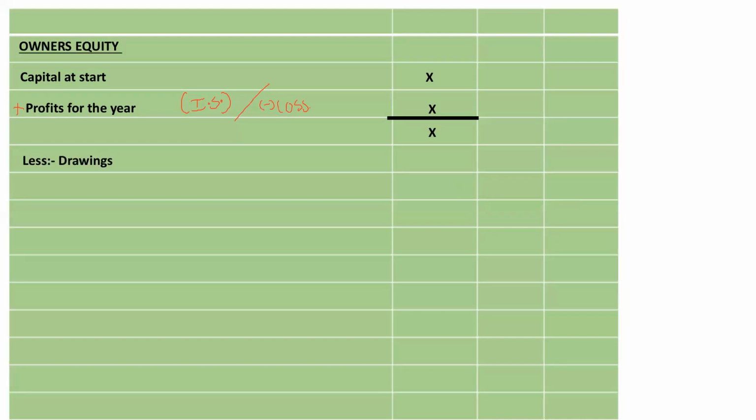From that, you will deduct the drawings. Which drawings you will deduct? The one that is given in the trial balance plus the one that is given in the adjustments. You will deduct the drawings and you would arrive at a figure which is nothing but your capital at the end.